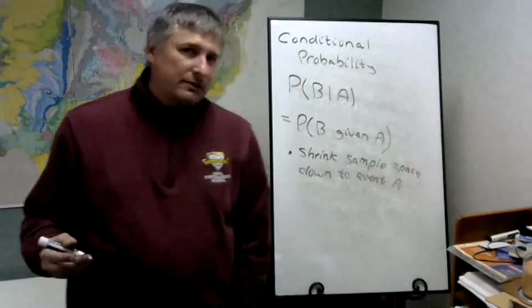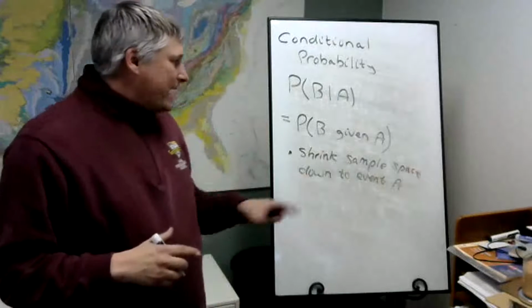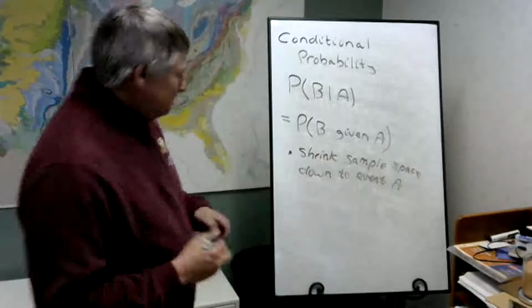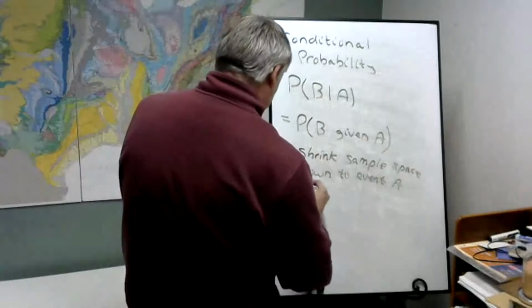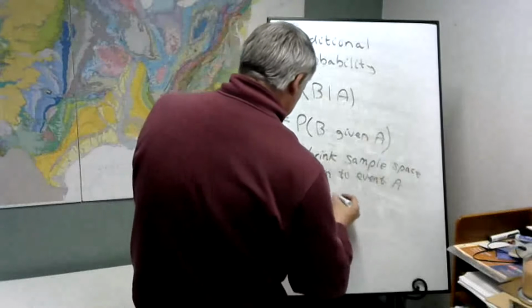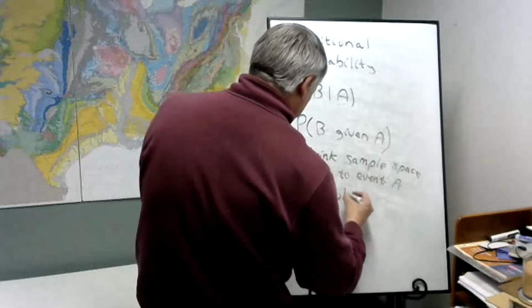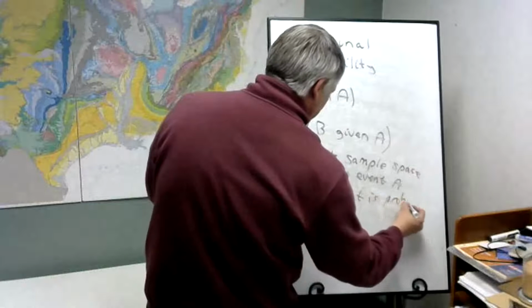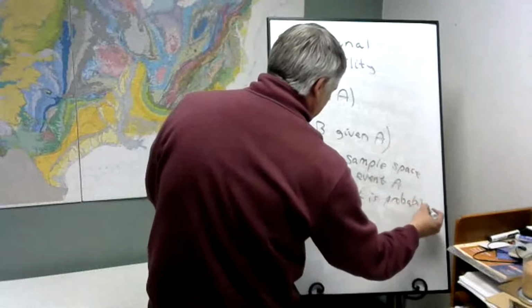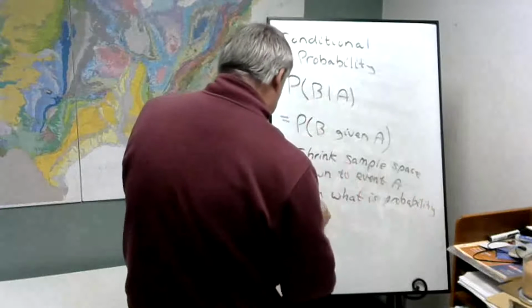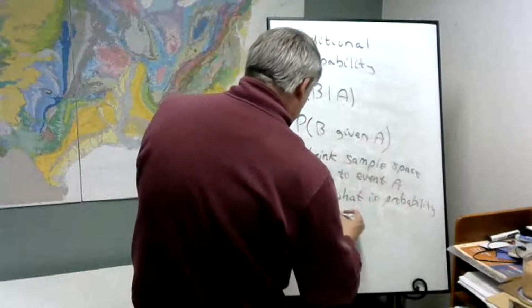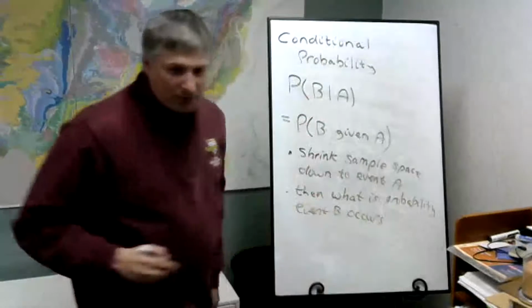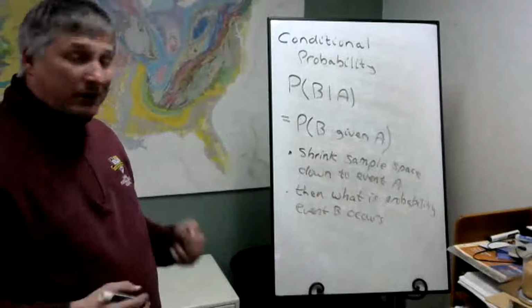And then once we've shrunk it down to event A, we ask, what's the probability of B occurring? What's the probability that event B occurs?